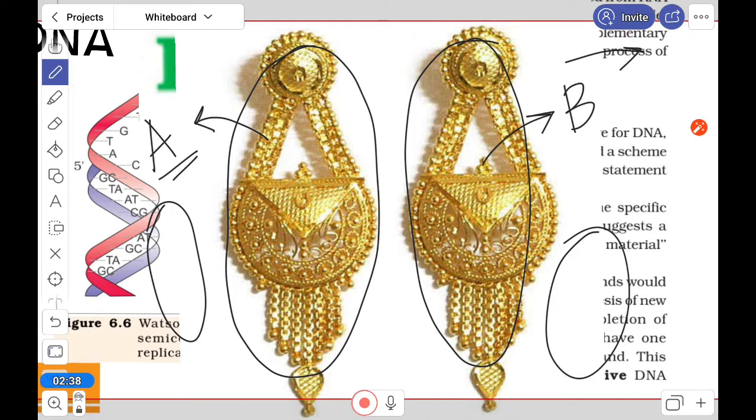This method is called the semi-conservative method. So DNA is making its copy in the semi-conservative method.